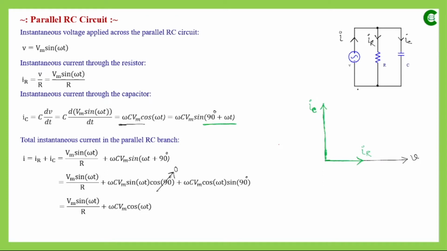Now next we will complete the parallelogram and draw the resultant of that parallelogram, which is formed by IR and IC, and that will be the phasor of total current in that parallel RC circuit.